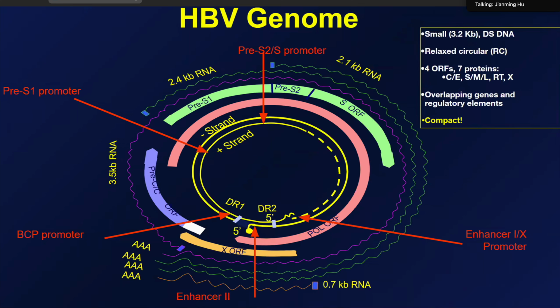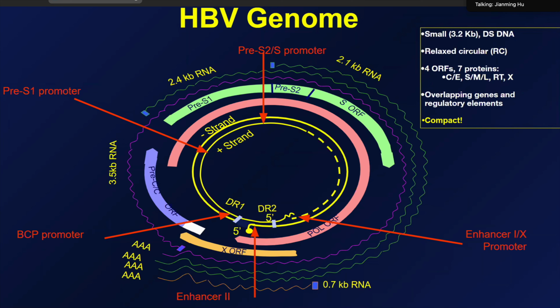And then the capsid protein I mentioned already, but on the same open reading frame of the capsid, there's an N-terminal extension. The N-terminal extension plus the capsid region consists of the precore protein. And then finally, we have the X protein.